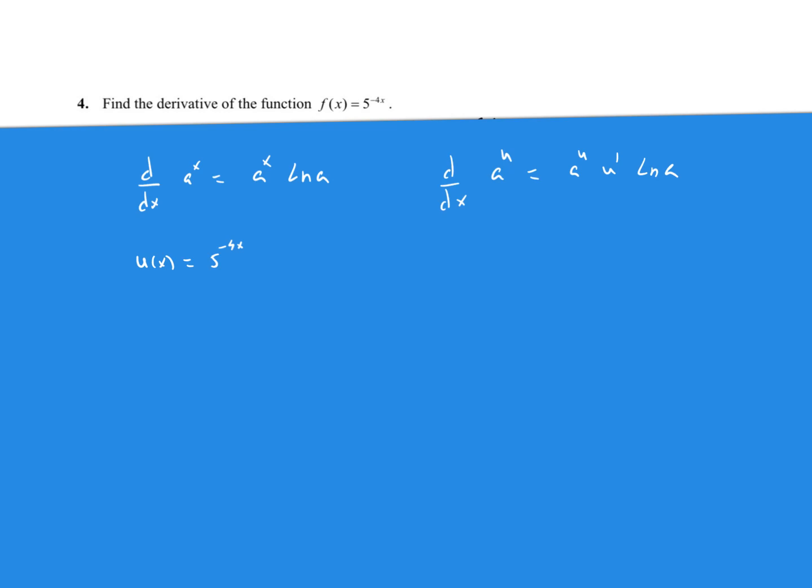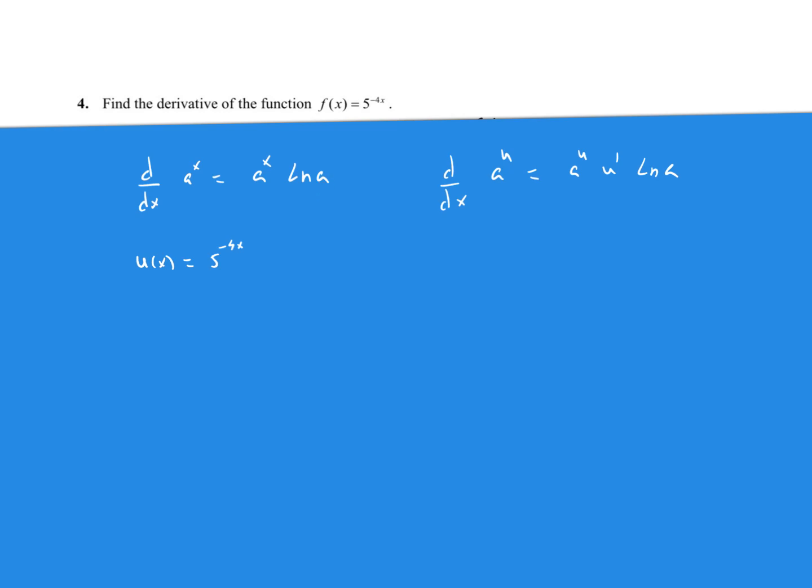Find the derivative of a raised to the minus 4x. So now I have a function in the exponent. If I have the derivative with respect to x of a to the x, we learned during the class that it is a to the x by the natural logarithm of a.